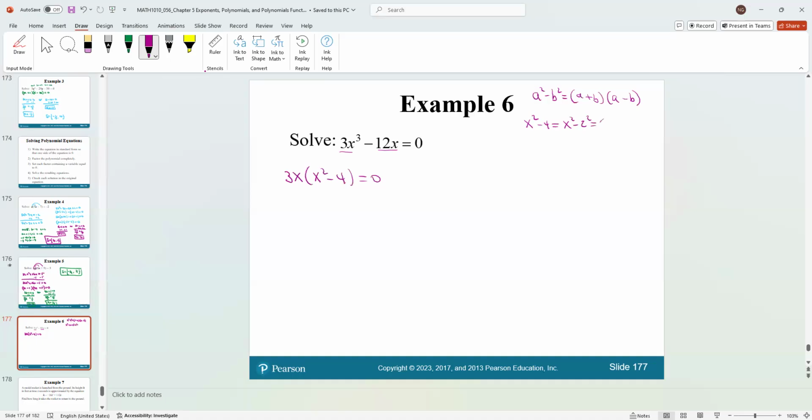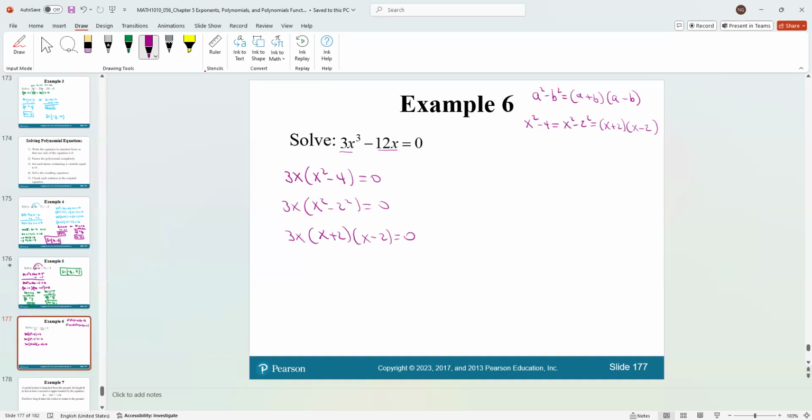See? We end up with x plus 2 times x minus 2. So 3x times x squared minus 2 squared equal to 0 is 3x times x plus 2 times x minus 2 equal to 0.